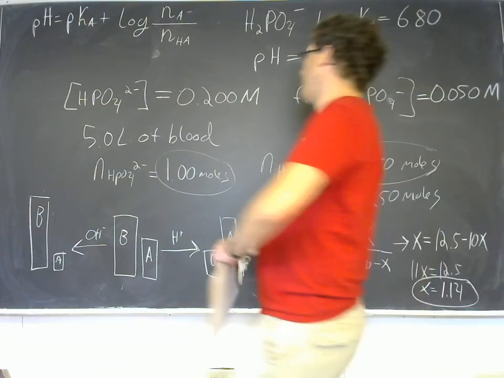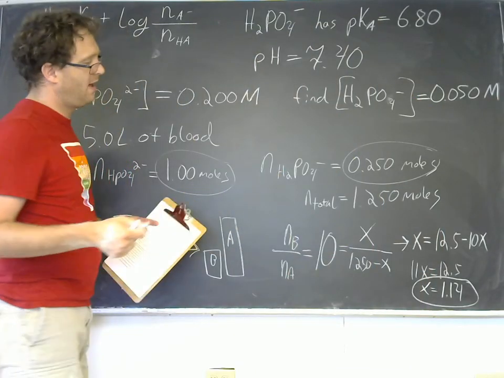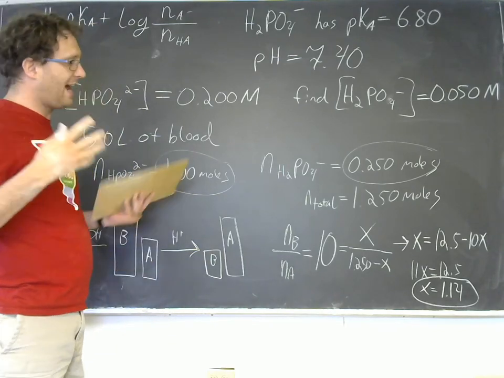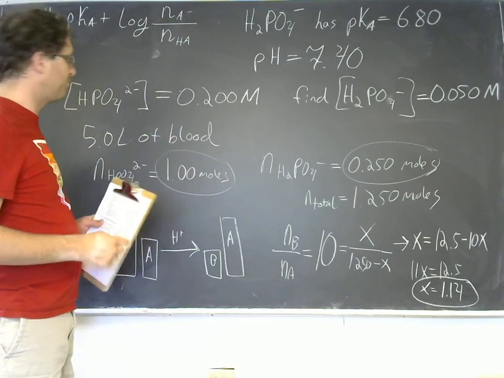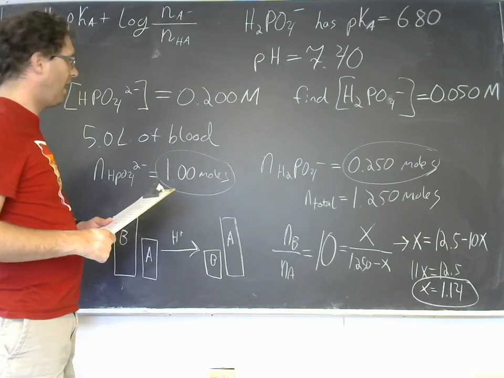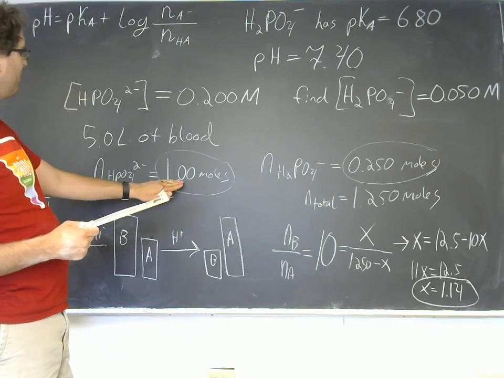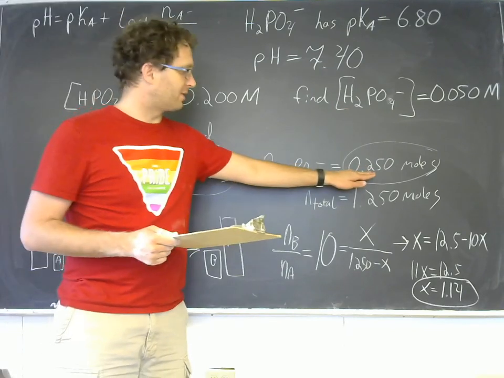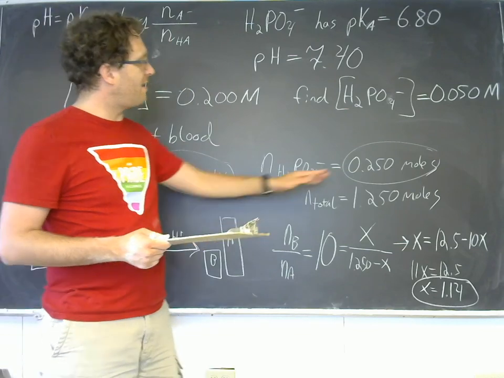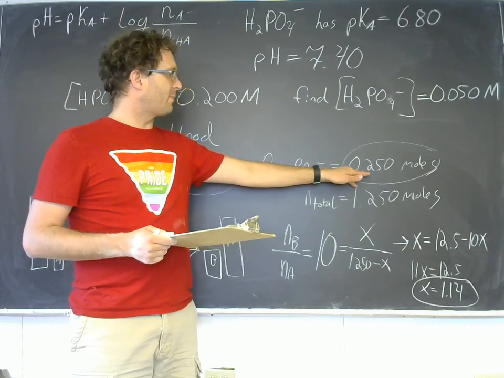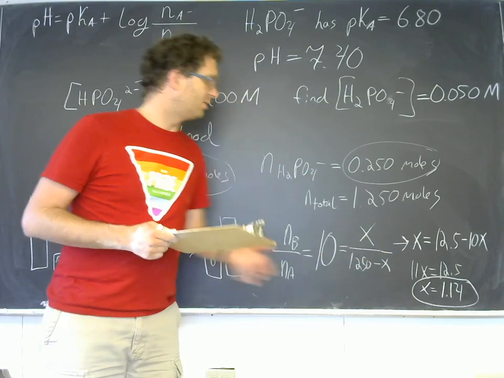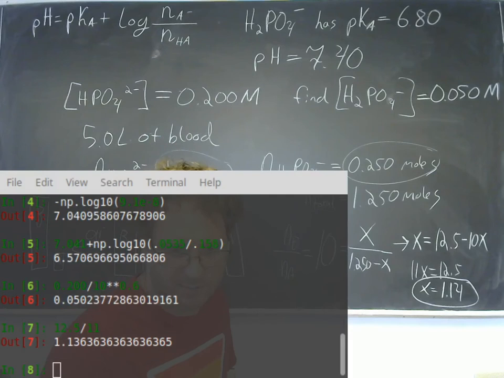And so now finally we're ready to ask the question, if I want to know how much acid I can add to this buffer, if I add acid, then that's going to convert my amount of base into amount of acid. I can add enough acid to change this number from 0.25 moles to 1.14 moles. So I can come here to my calculator and I can just say 1.14 minus 0.25.